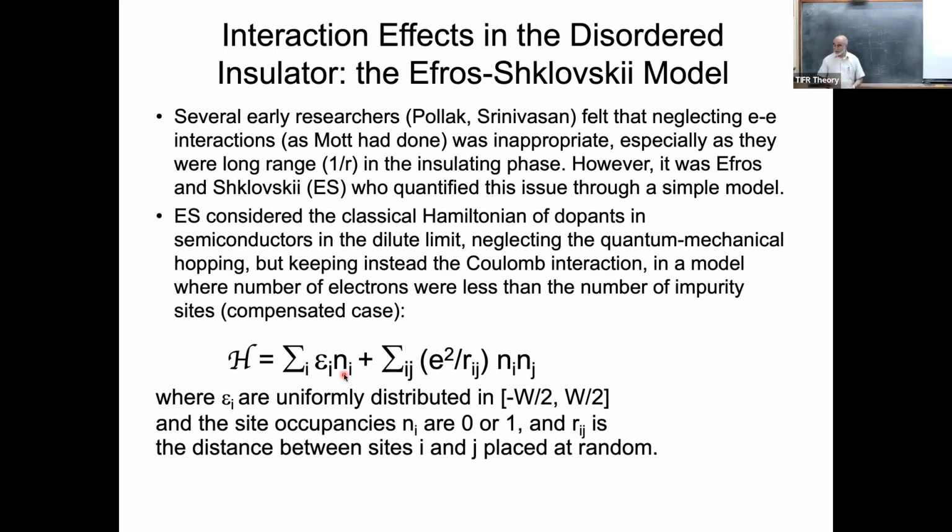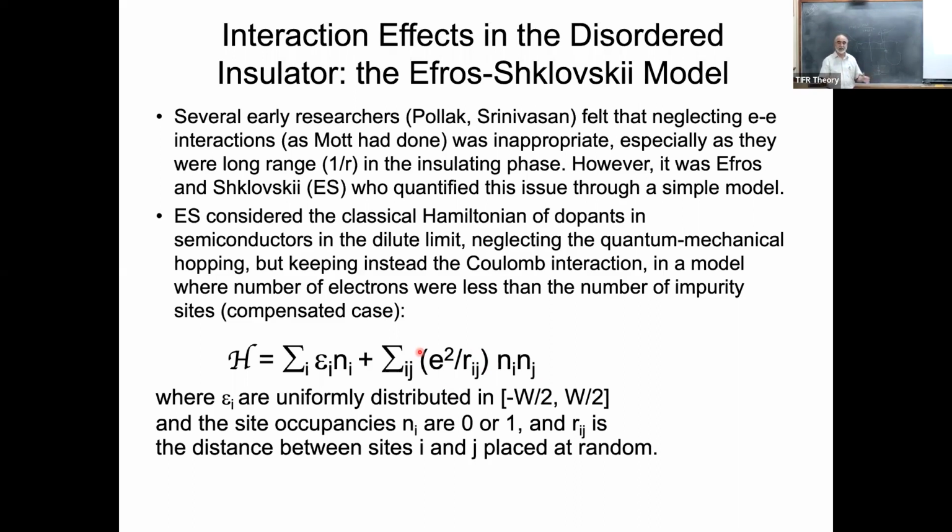That's their model. But these sites that are occupied, n_i is not 0, will interact with a Coulomb interaction, that is e squared over R_ij. So you randomly place sites, you have fewer electrons than sites, and then you ask yourself the question, which sites are going to be populated and which are not going to be populated.